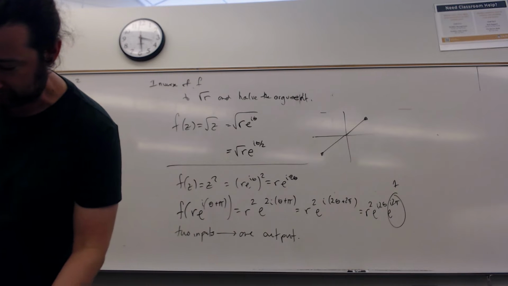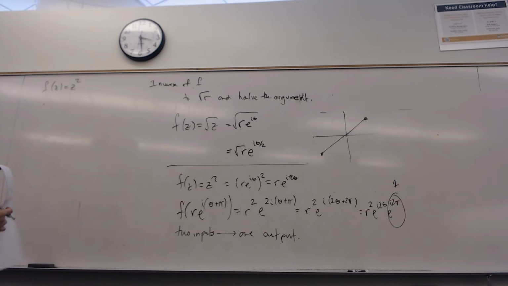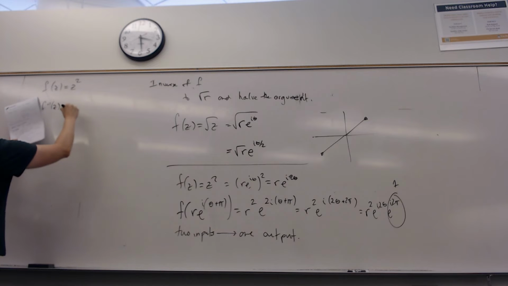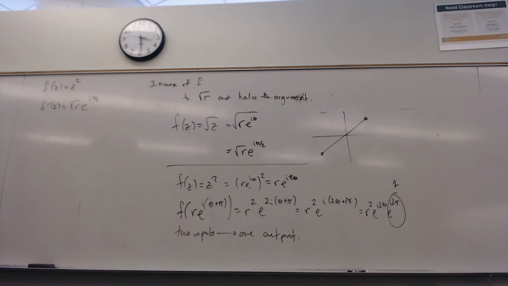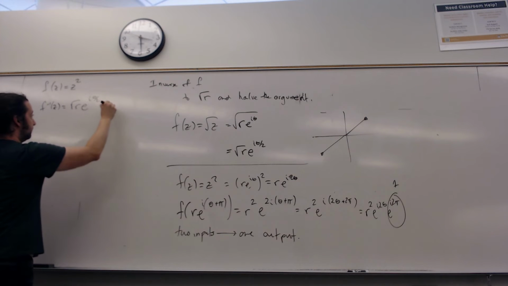So this is what the other branch looks like. So we have f inverse of z is equal to, so this is the principal branch, root r e to the I theta over 2, is the principal branch.